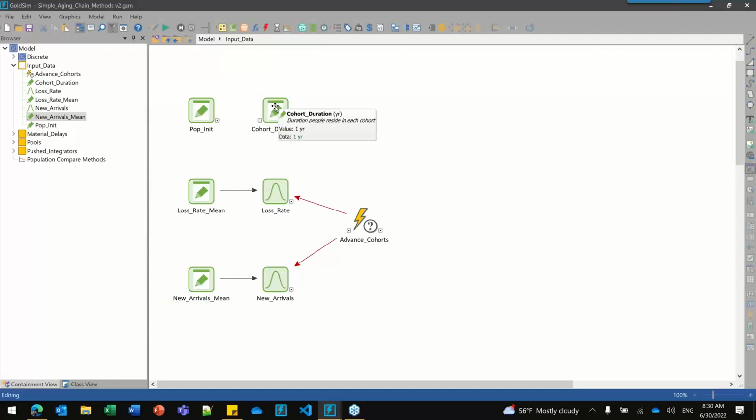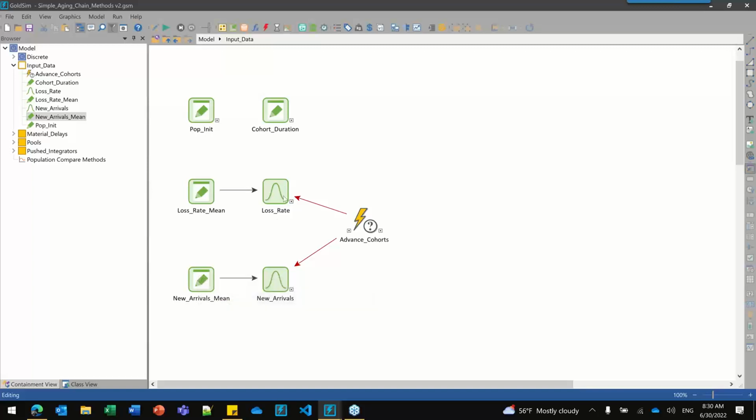We also have a cohort duration defined here of 1 year. So you could globally define the duration that people reside in each cohort. We also define a loss rate, which is global, but you could have a loss rate that's different for each cohort if you wanted. And then we have new arrival rates here, which is also just a constant.